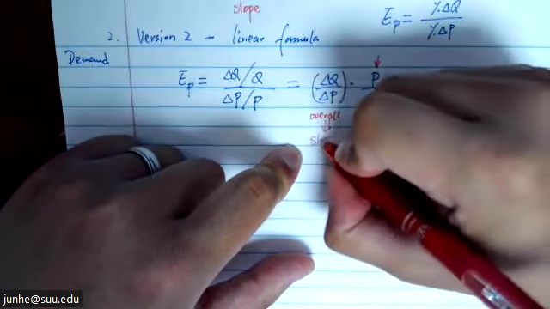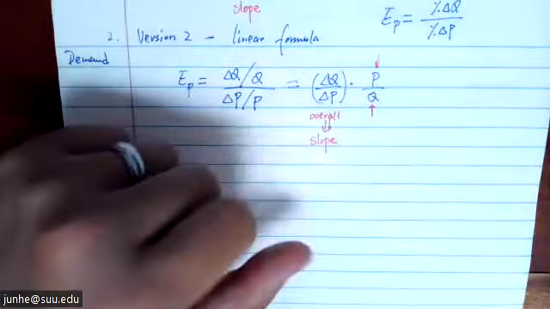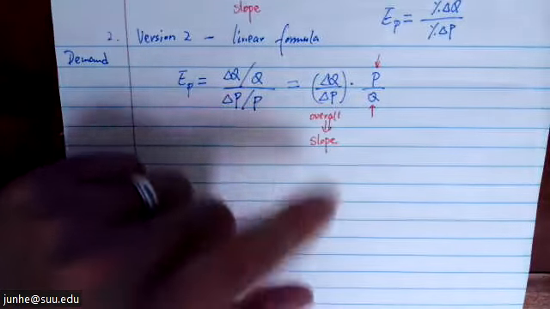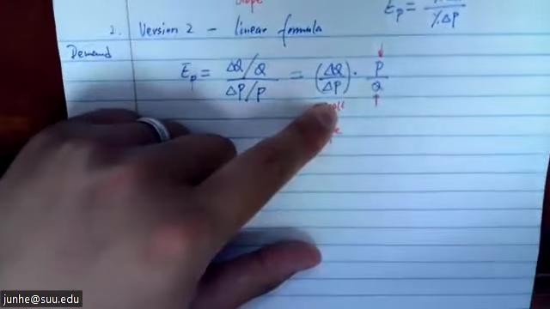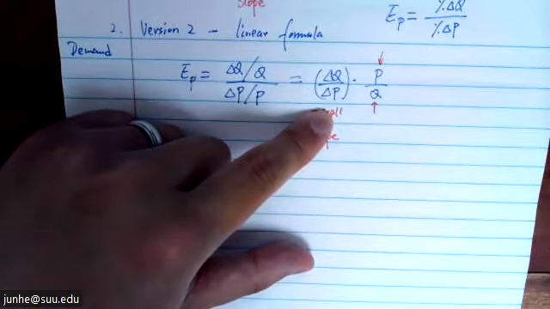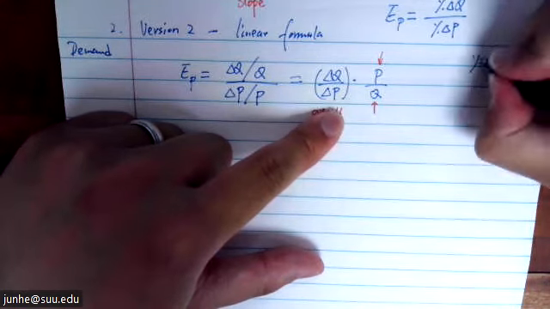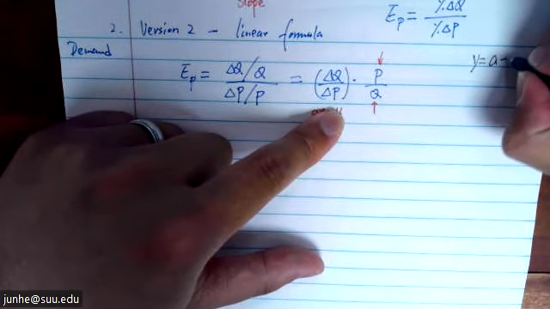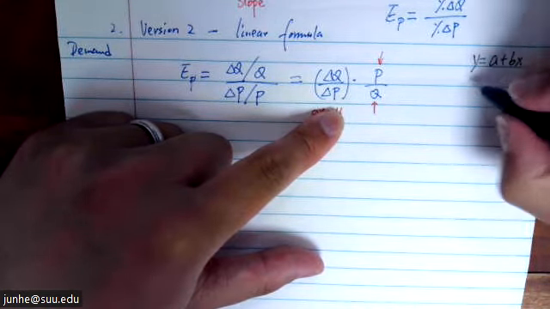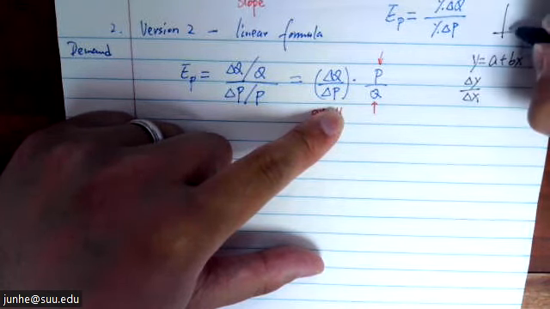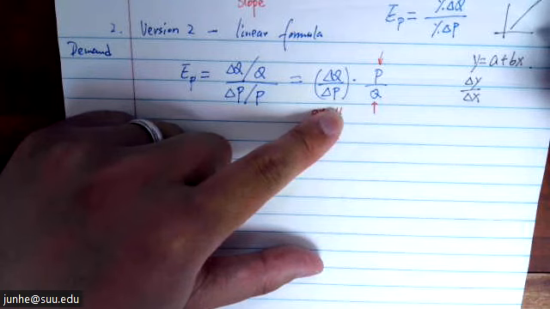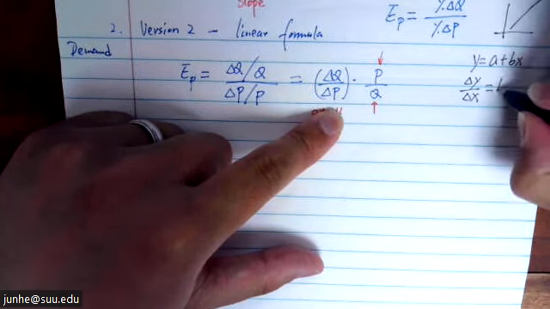And overall, this is a slope concept, right? Remember, for a linear function, like y equals a plus bx, delta y over delta x equals b.